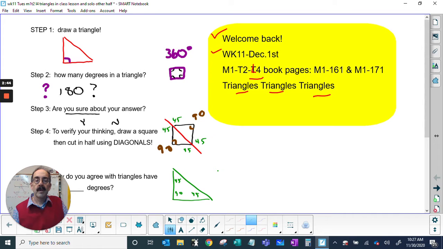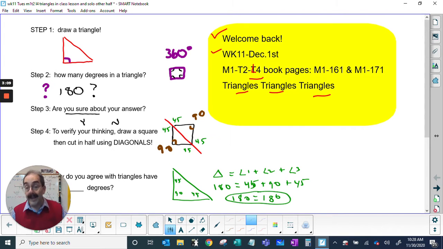So a triangle is equal to angle 1 plus angle 2 plus angle 3. 180 is equal to 45 plus the 90 plus the 45. Okay? So the first thing today is to remember that all triangles have 180 degrees.